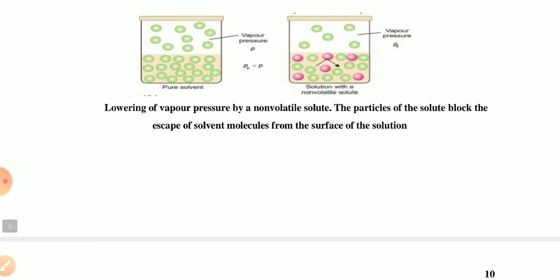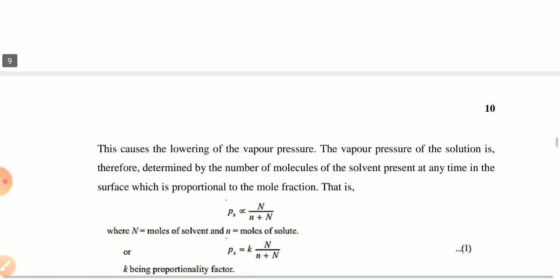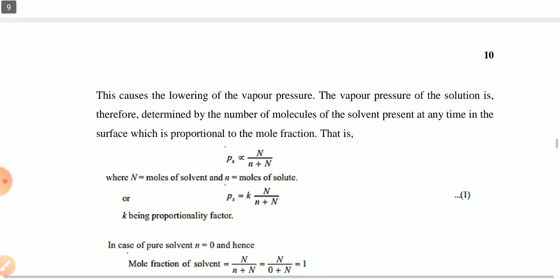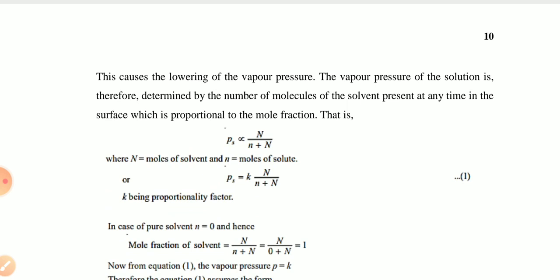Thereby the vapor pressure decreases. The vapor pressure of the solution is therefore determined by the number of solvent molecules present at the surface, which is proportional to the mole fraction.